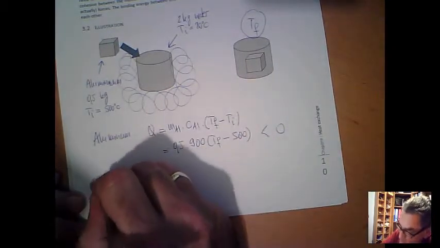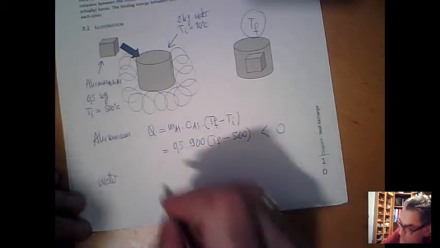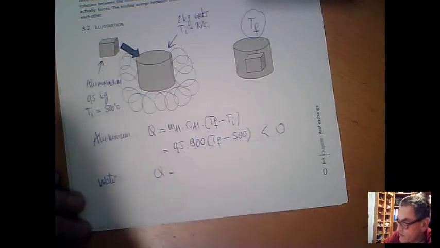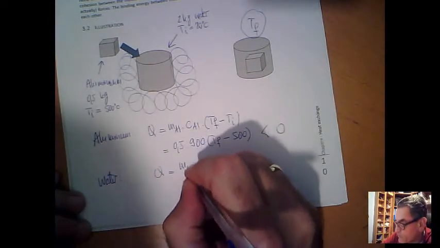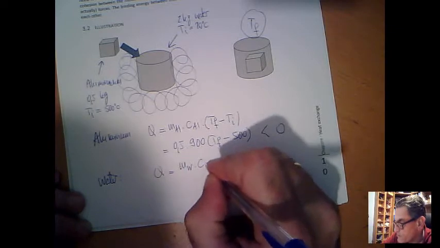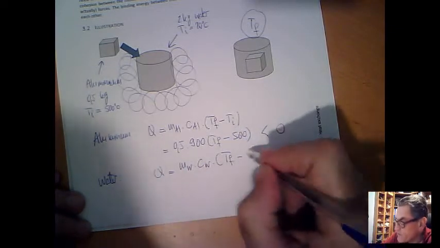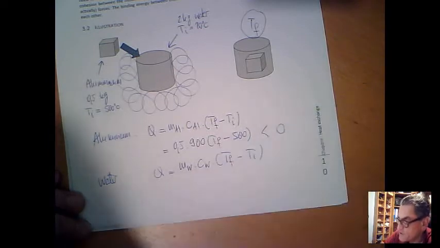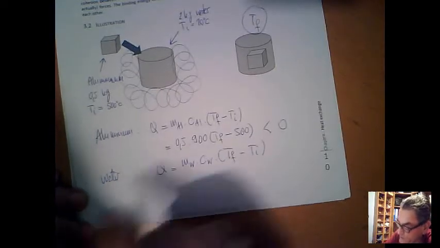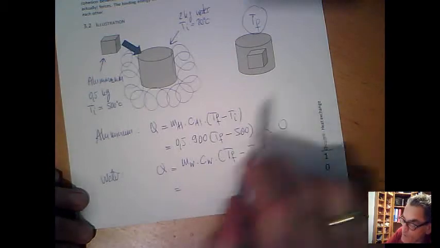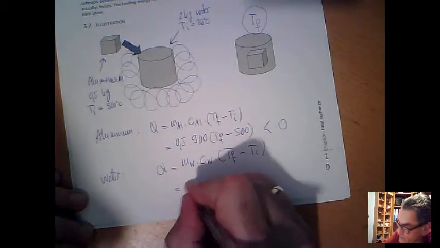Now what about the water? What is the energy exchanged involved in the water? Well, we have the mass of the water times the C of the water times the final temperature minus the initial temperature of the water. And the mass of the water is how much? It's 2 kilograms.